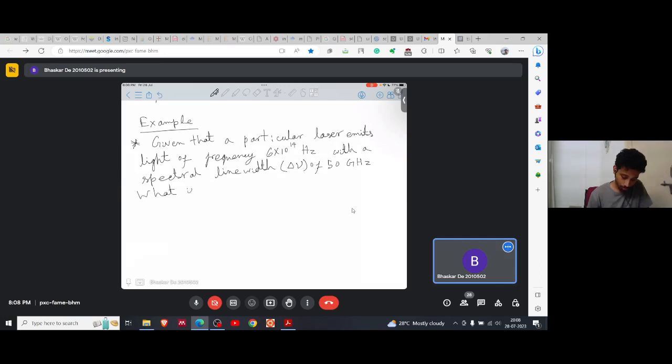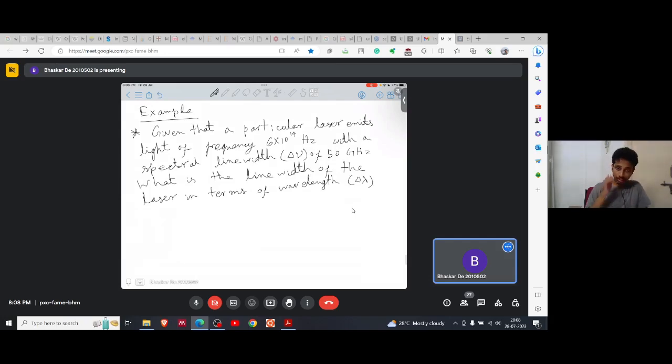What is the line width of the laser in terms of wavelength, delta lambda?